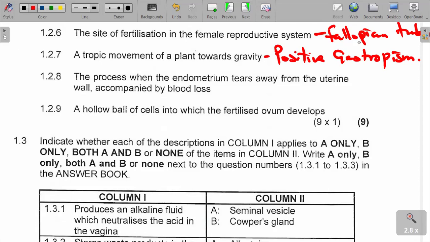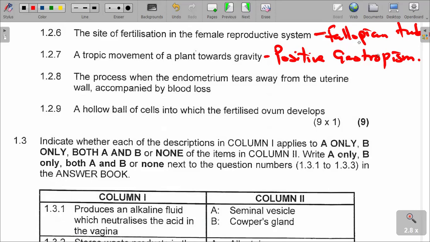Because the roots are designed to move towards the force of gravity. The tendency of a plant part to move towards a certain stimulus we call positive when it moves towards the stimulus, but if it moves away, we call that negative tropism. So movement of a plant towards gravity is positive tropism.